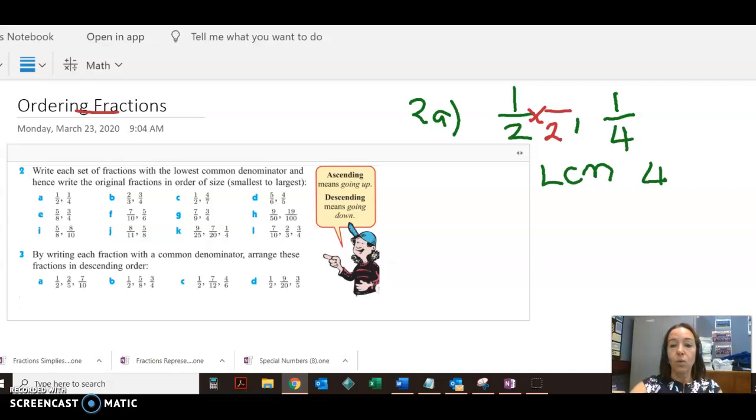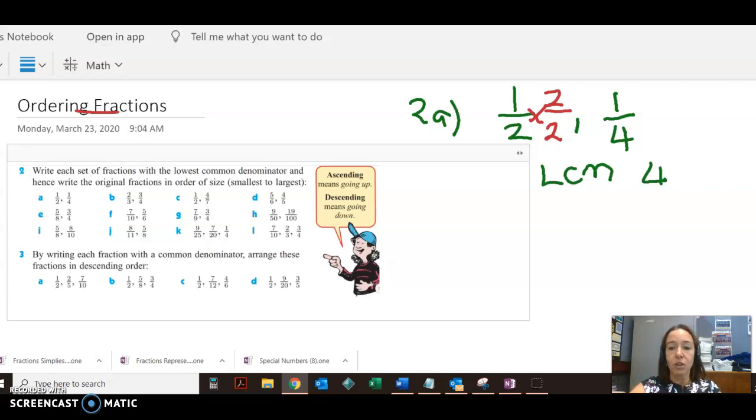But I also need to multiply the numerator by 2, because 2 over 2, 2 divided by 2, is 1. And if I times anything by 1, it doesn't actually change in value. 5 times 1 is 5, 7 times 1 is 7, 1,000,000 times 1 is 1,000,000. So 1/2 multiplied by 2 over 2, which is 1, is still a half. It just looks slightly different.